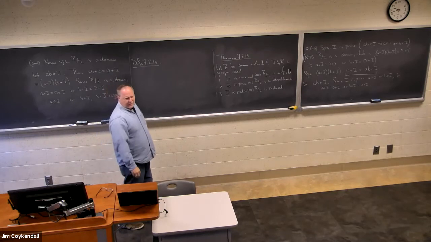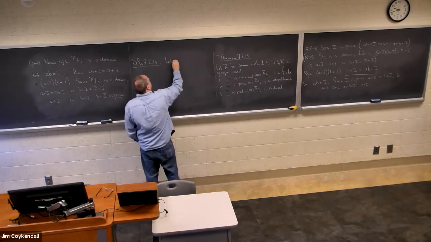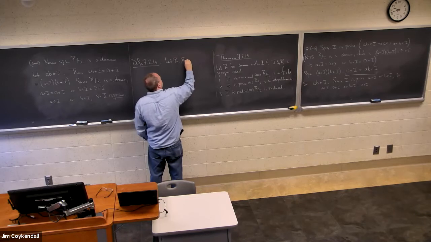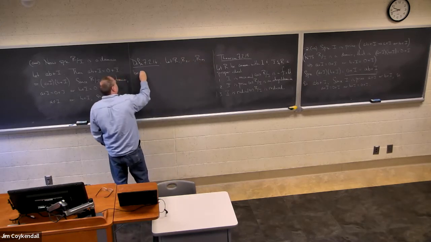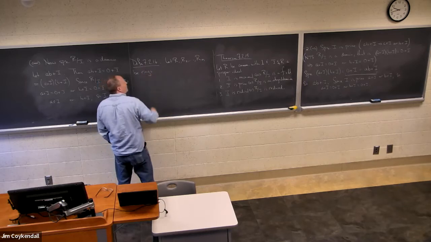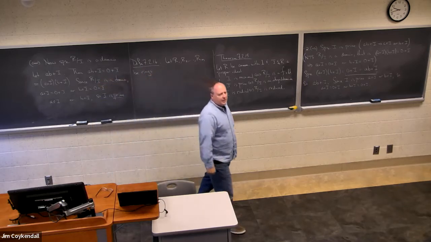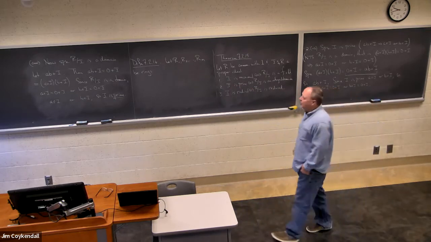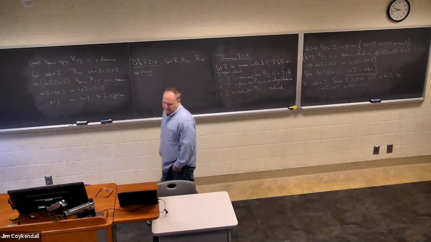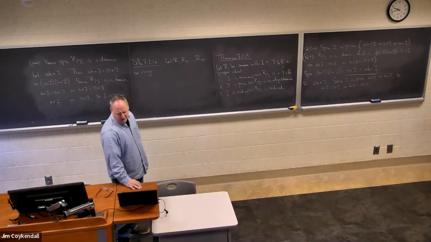Suppose I have a collection of rings. Although I can make this theorem a more general statement, we can just assume that all these rings, as before, are commutative rings, because that's what we're going to care about now.